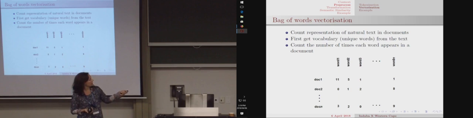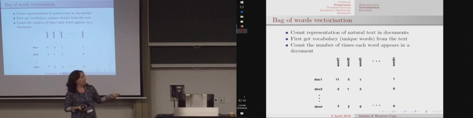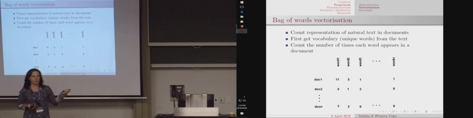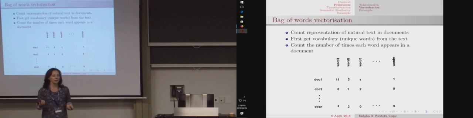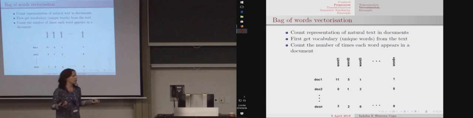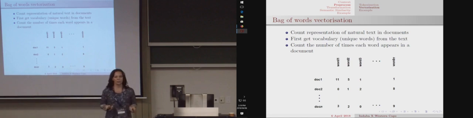So in this case, you can see word 1 occurred 11 times in document 1. And this is a very sparse matrix. If the dimension is, say, 5,000 by 16,000, and your average document length is 20 words, then you can imagine you have real sparsity going on, especially when you work with short text.